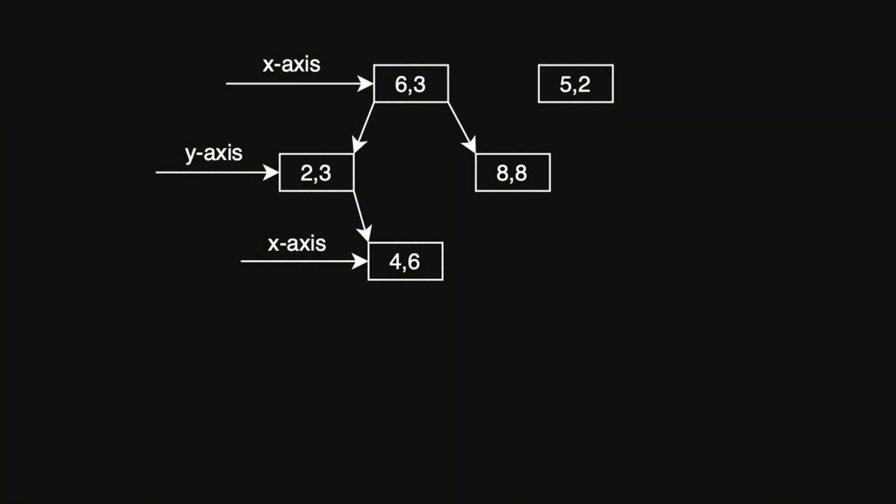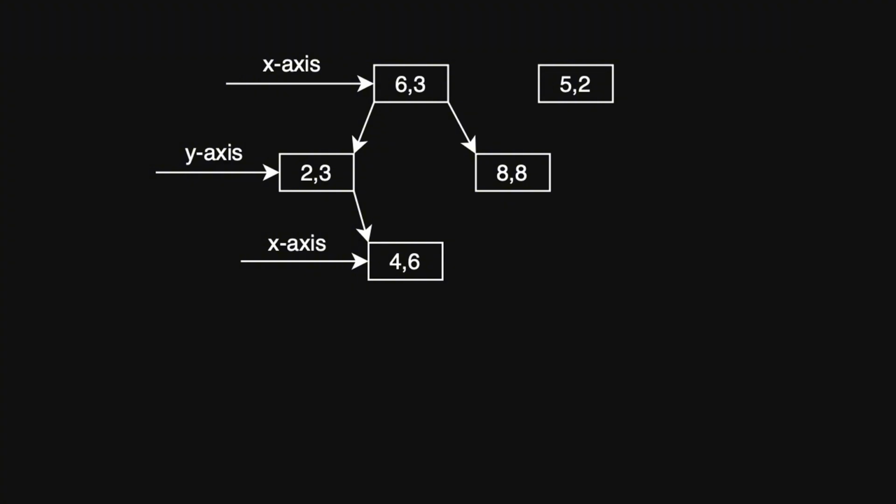And we have another point, (5, 2). So 5 is compared with the 6 of (6, 3) for the x-axis, and we go to the left.